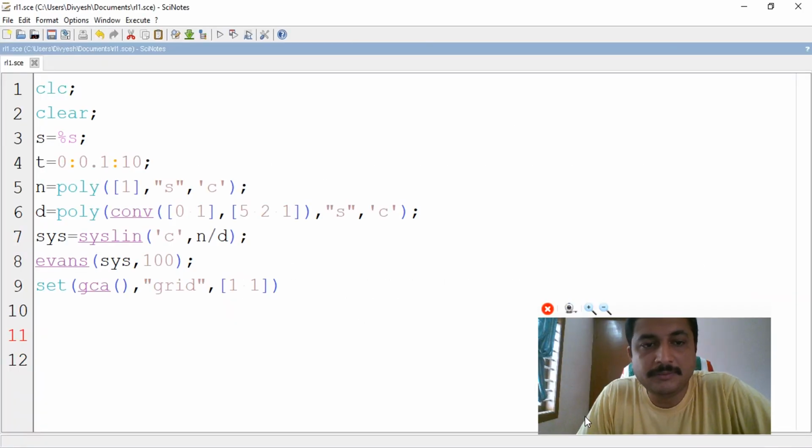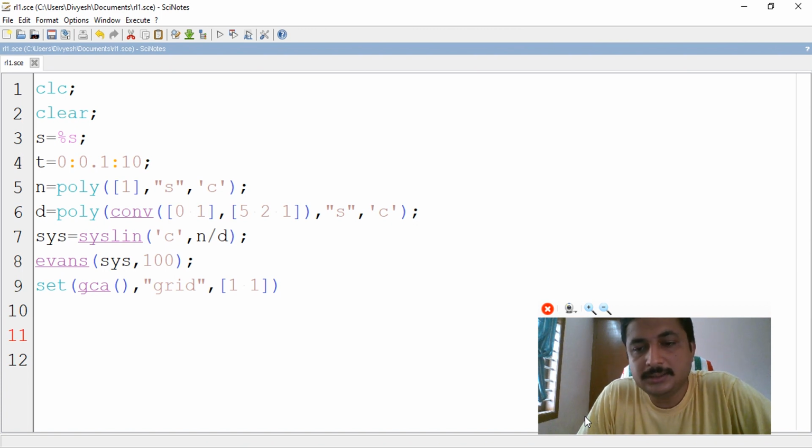In my previous video for the Scilab experiment, we have discussed most of the scripts or functionalities required to write a transfer function.